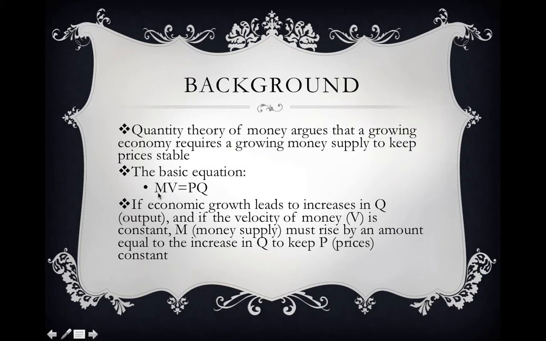So for example, if one side of this equation goes up by 10%, the other side has to also go up by 10%. If the money supply goes down by 10%, we should expect the price level to go down by 10%, or production to go down by 10%, or this P times Q to go down by 10%. The assumption most economists make is that velocity is constant in the short run.